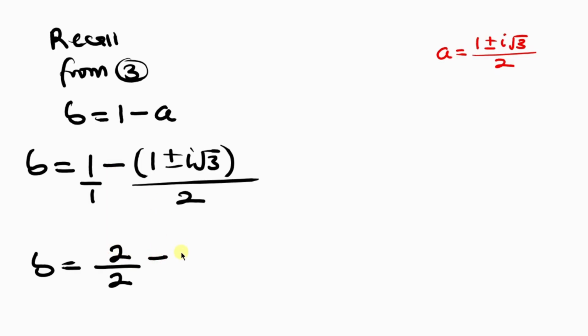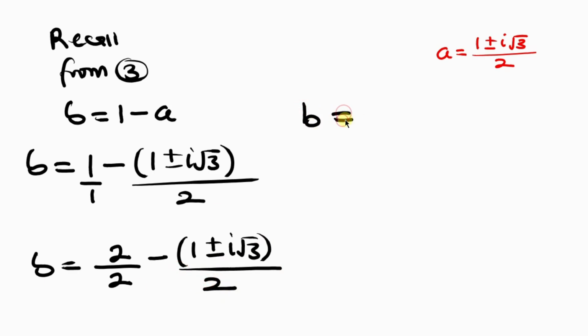Minus, here we have 1 plus or minus i root 3 all over 2. Very good. So this simplifies into b equal to, now we have common denominators, so we're going to be writing that down, which is 2. So now write the numerators, 2 minus 1 plus or minus i root 3.